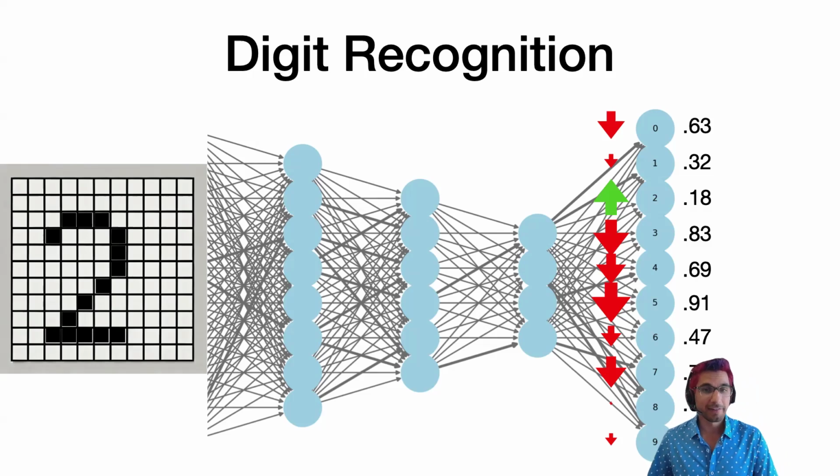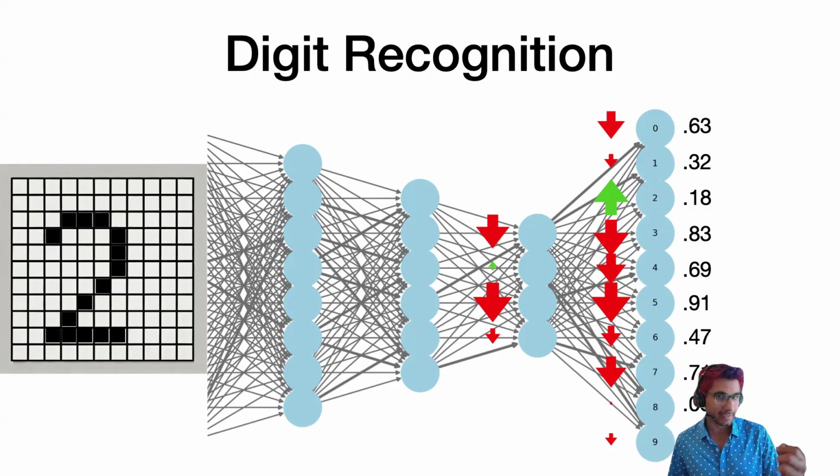But then once we figured out what tweaks to the weights on the second to last layer would be helpful, we also look at, well, given the weights as they currently are with only a little bit of change, which of those would be helpful to raise and which of those would be helpful to lower? Here I've just found some ones that are highly connected to some things that need to go down and said they need to go down, some things that are weakly connected to the thing that needs to go up and say it needs to go up a little bit.